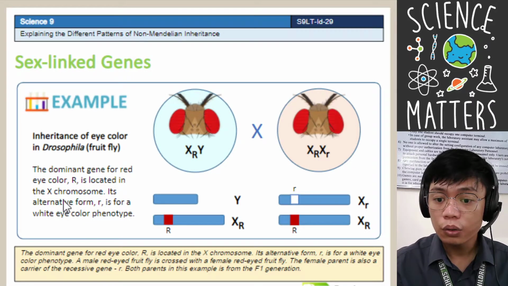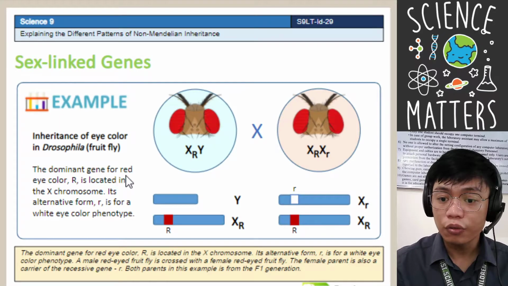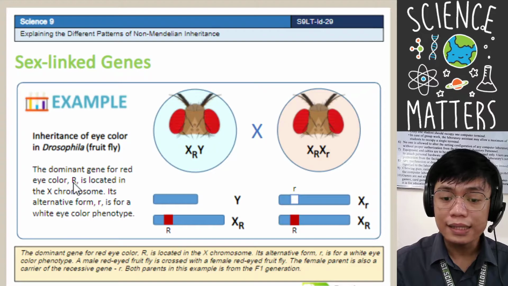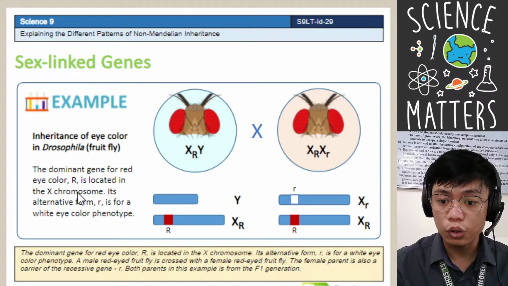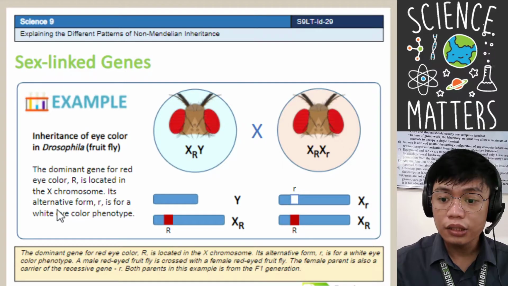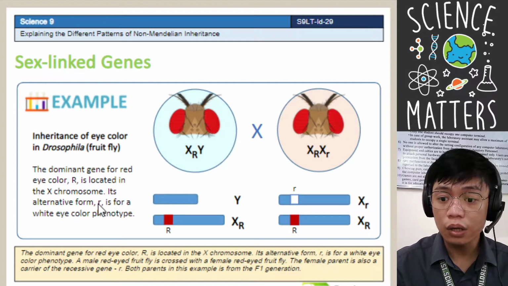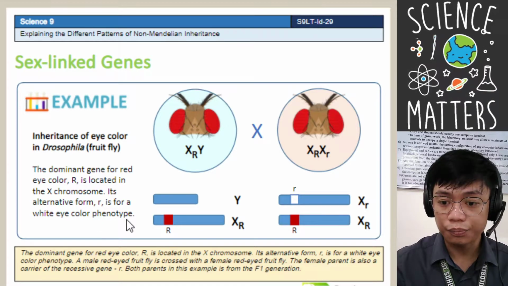To continue, this is an example. The dominant gene for red eye color is R, the capital letter R, and it is located on the X chromosome. Its alternative form, the recessive r, symbolized by the small letter r, is for the white eye color phenotype.